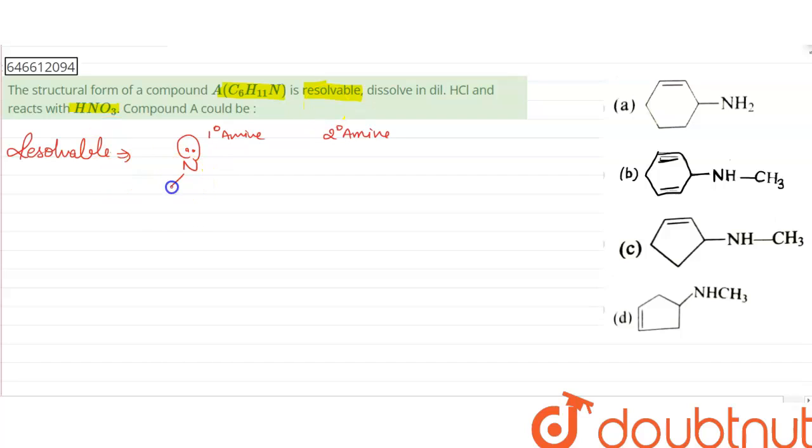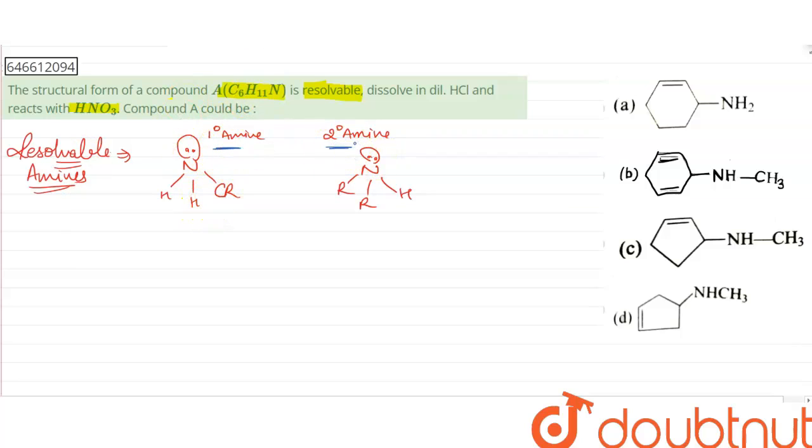Primary means two hydrogens and one carbon R, as you can see here. Secondary means nitrogen with a lone pair, two carbon R groups, and one hydrogen. So these two are called the resolvable amines.